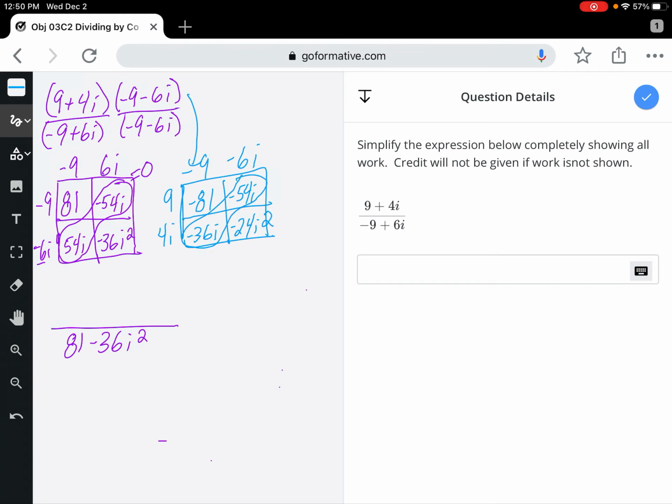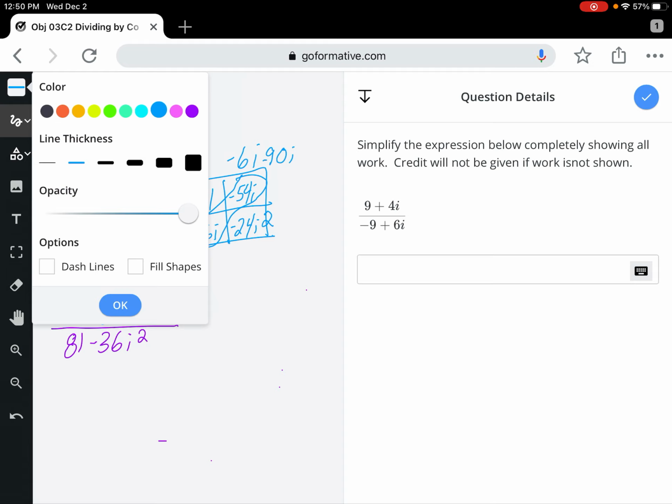I can combine my like terms here. 54 and 36 is, I believe, 90i. So it's going to be negative 90i. So it's going to be negative 81 minus 90i minus 24i squared.